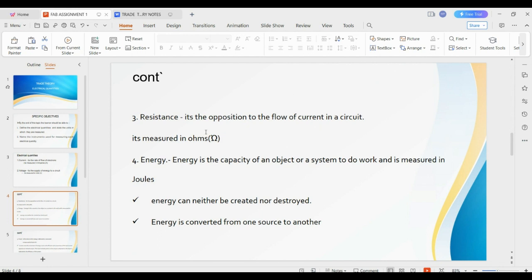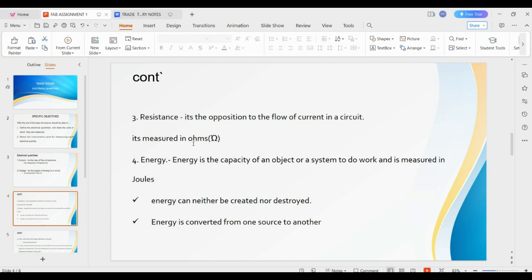So once we have talked of resistance, voltage, and current, we can now recall from high school where we were taught about Ohm's law. Ohm's law states that voltage is directly proportional to current, holding all other factors constant.